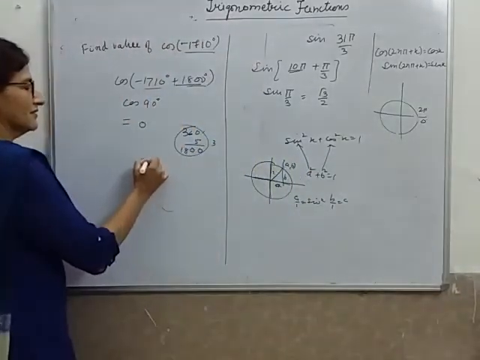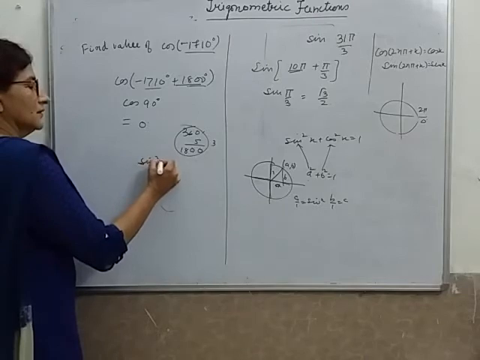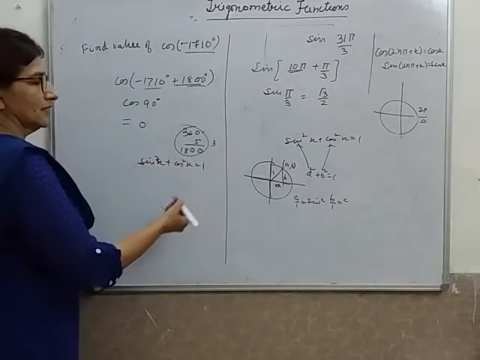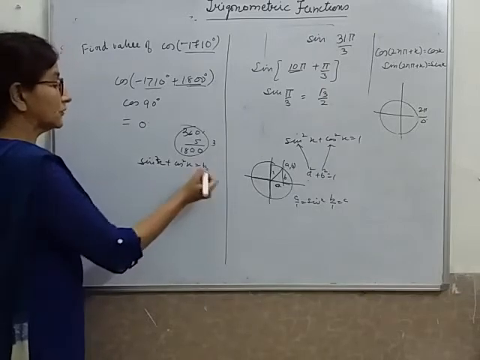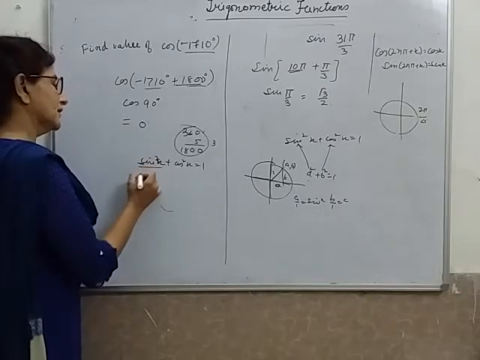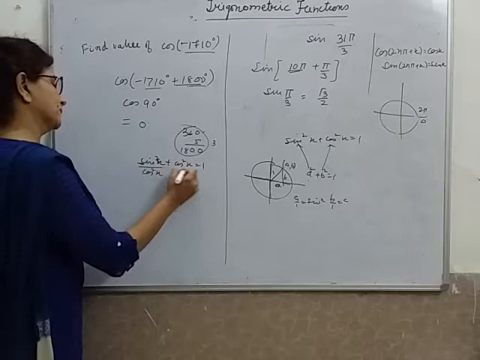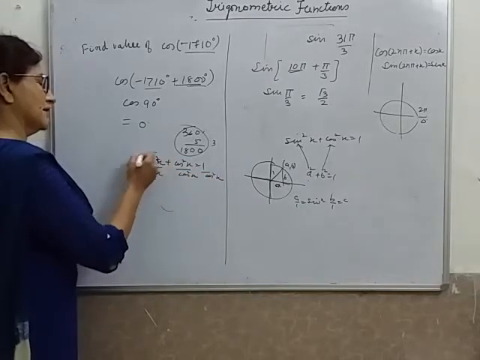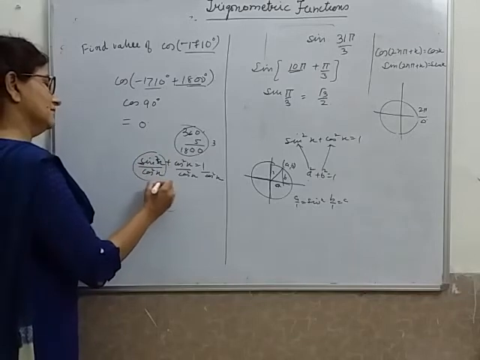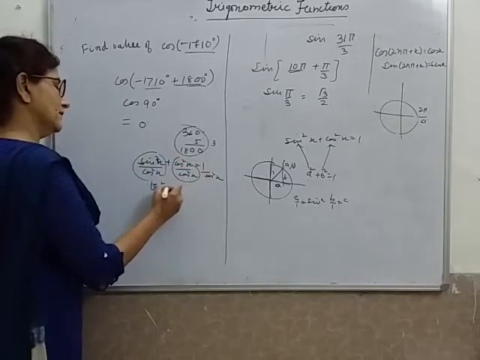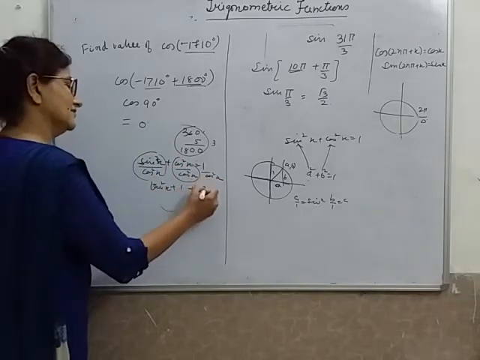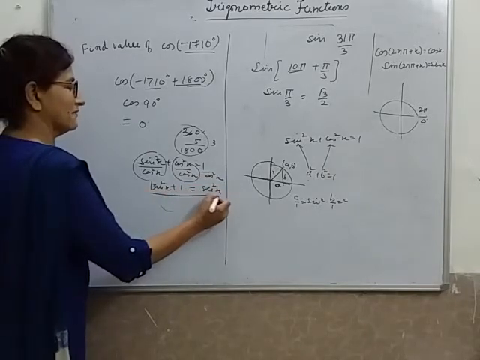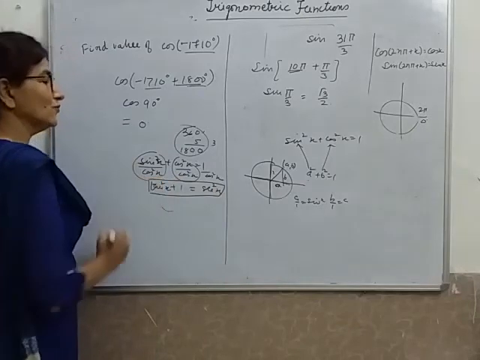Now something more interesting. If I divide throughout the expression by the same quantity, it doesn't make any difference to the equation. So I divide it by cos square. When I divide, this is tan square x, and this is secant square x. So this is my second identity: 1 plus tan square x equals secant square x.